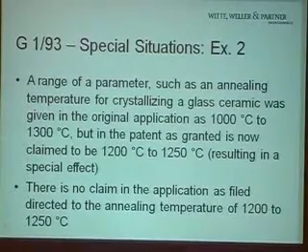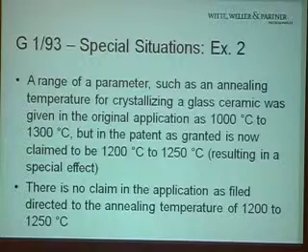Well, in this case, it's just looked at whether the 1200 to 1250 centigrade range is somewhere found in the other dependent claims or somewhere in the specification. So it must be literally found.